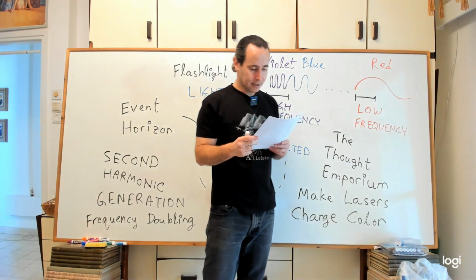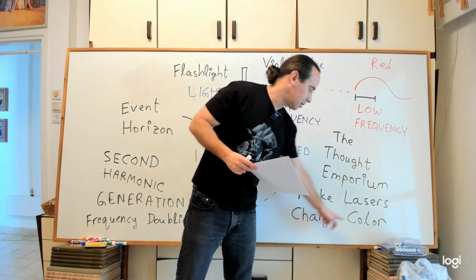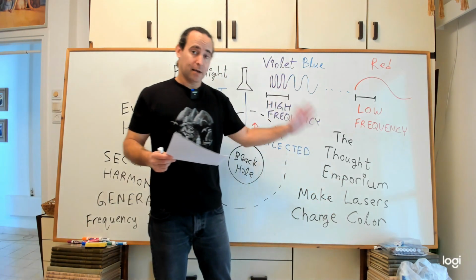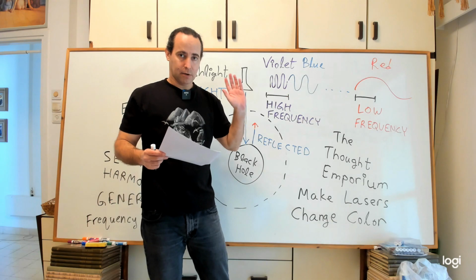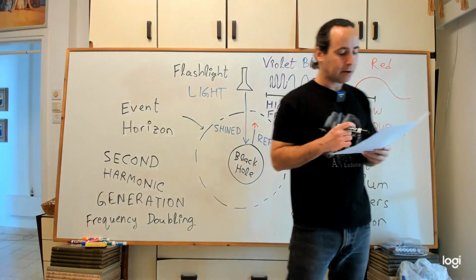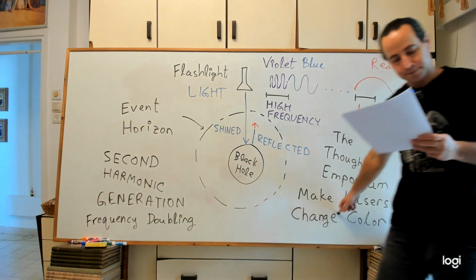So changing the colors. Make lasers change color. A laser is just a light with the same color, and all the light waves are going in the same direction. Okay, so now I'm reading you from this video description.